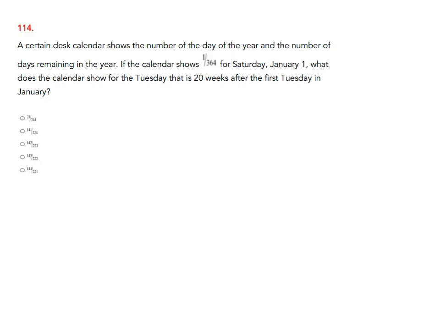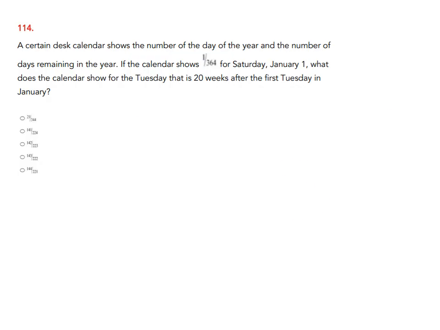This is a very tricky math and easy also. So notice January 1 is Saturday and we need to find the number of days for Tuesday, that is 20 weeks after the first Tuesday in January.